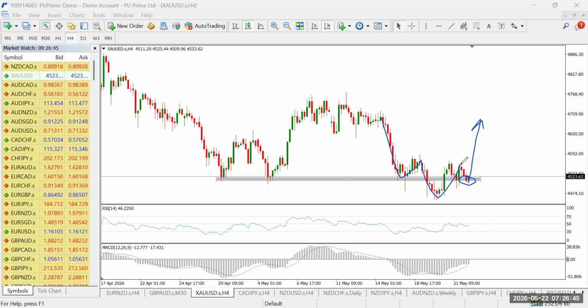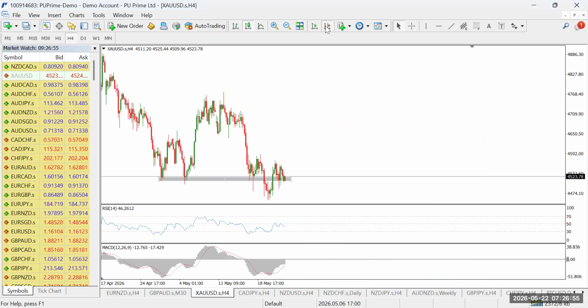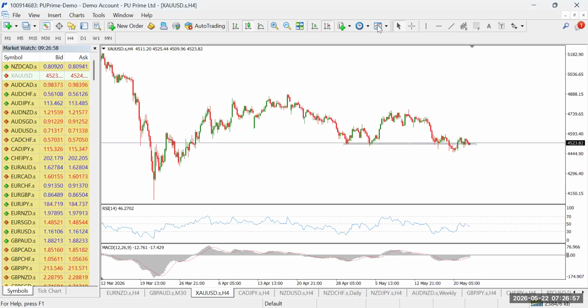Now, this is an inverse head and shoulder pattern, which might trigger a very strong move to the upside. And that is also based on the fact that maybe fundamentally there's a kind of hostility between Iran and the United States. This is the technical side to it.